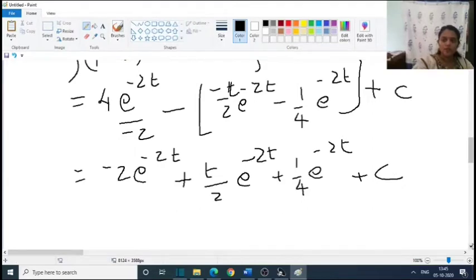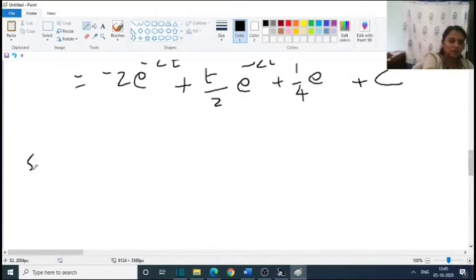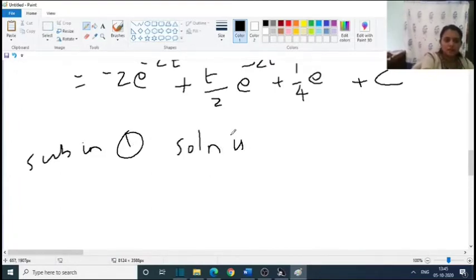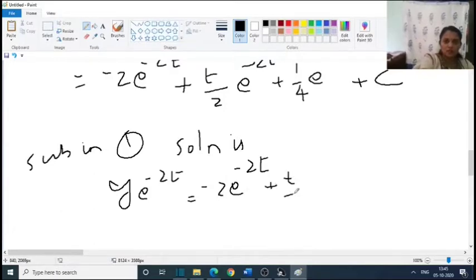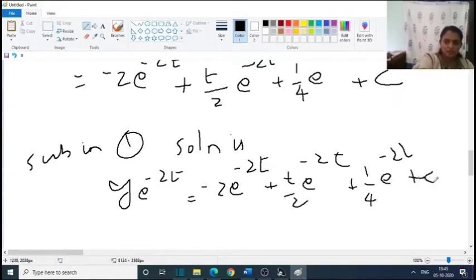Now we can substitute in 1. So the solution is y e raised to minus 2t is equal to minus 2 e raised to minus 2t plus t by 2 e raised to minus 2t plus 1 by 4 e raised to minus 2t plus c.